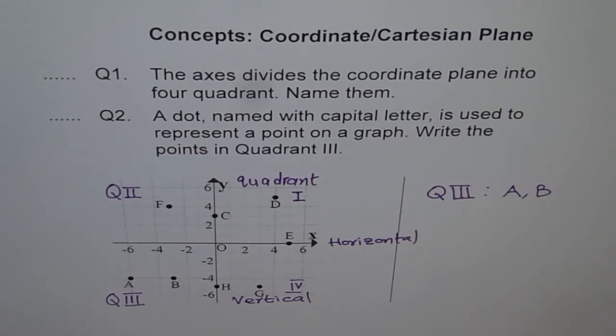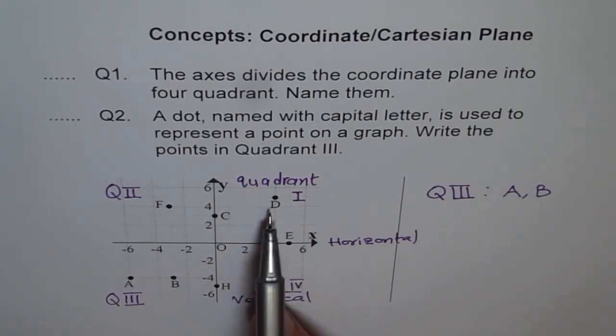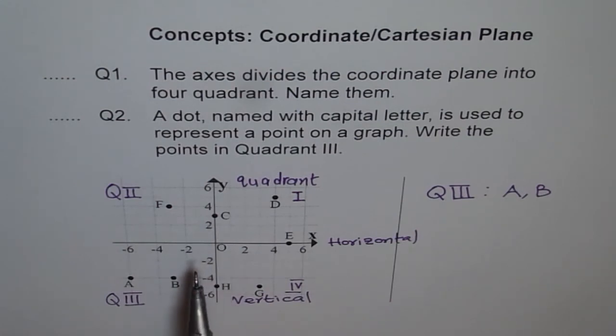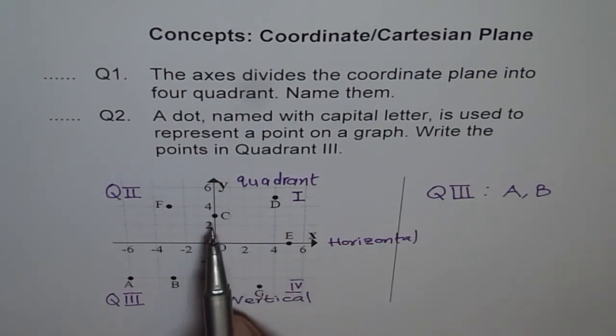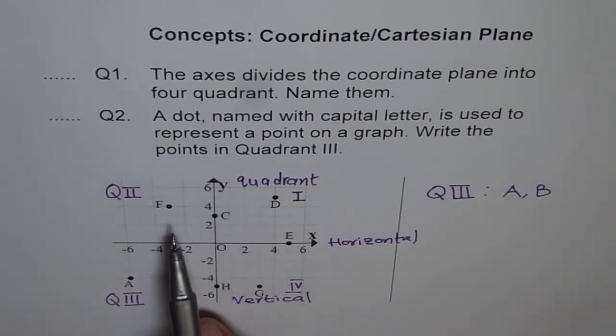Think of it like this for the time being. That is how I'm going to define it for all the lessons to come. It may be wrong for some, but that is how I'm going to do it. So in quadrant 1, I will say point D, because E and C will create confusion with some definitions. E is on the interface of 1 and 4, and C is on the interface common to 1 and 2.